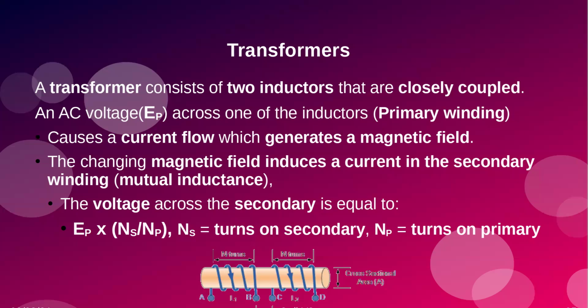Secondary winding sees that magnetic field, and that generates a current. And according to Lenz's law, it's going to generate a magnetic field opposing the other.